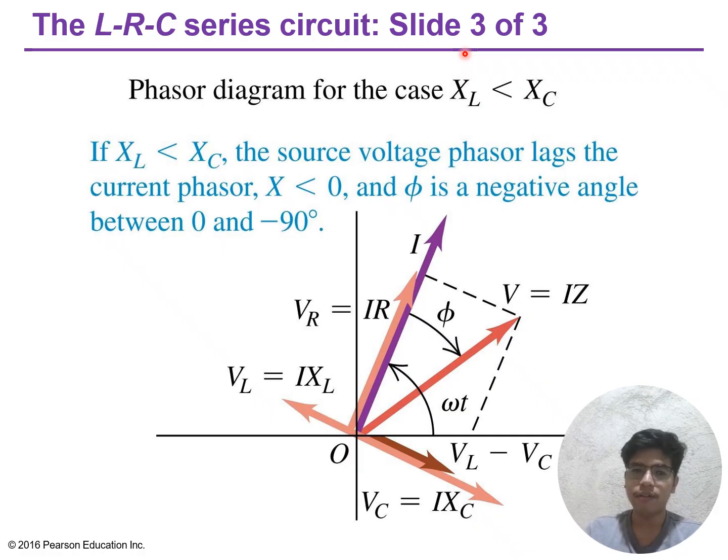So at very low frequencies approaching DC, the capacitive reactance X sub C approaches infinity with the inductive reactance X sub L approaching zero, making the impedance very large and the circuit primarily capacitive with current leading voltage.